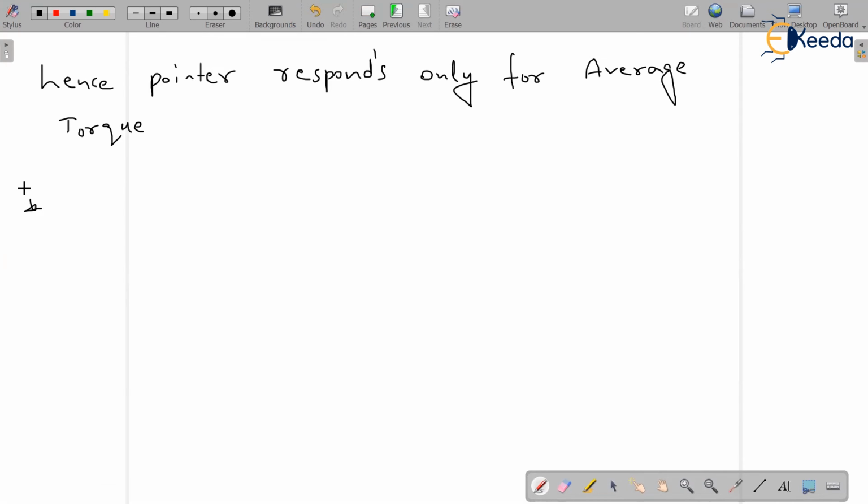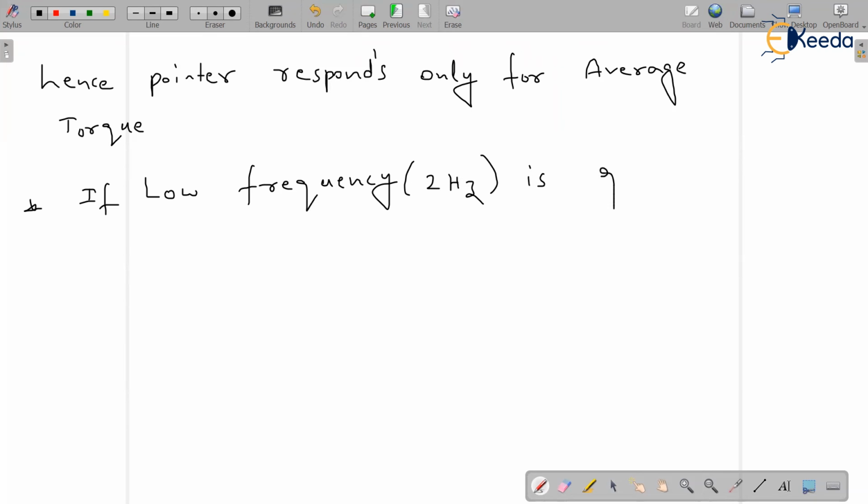The next, if low frequency, say hertz, is given, the pointer makes oscillations.